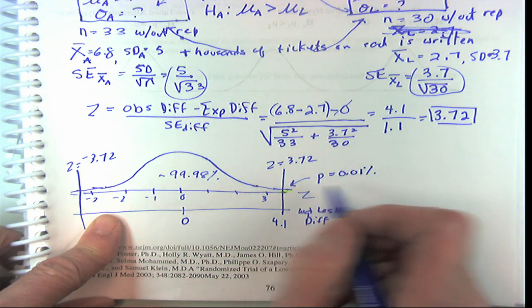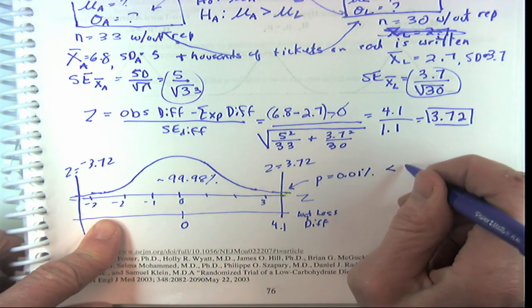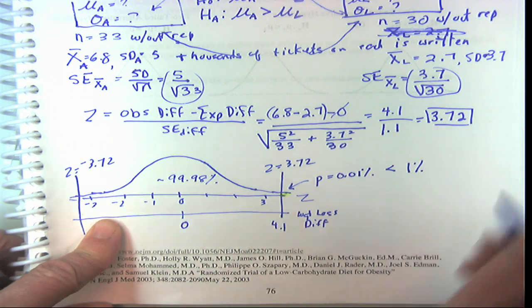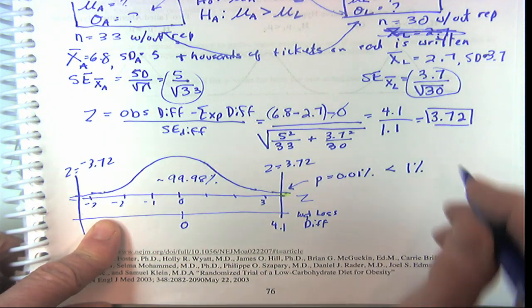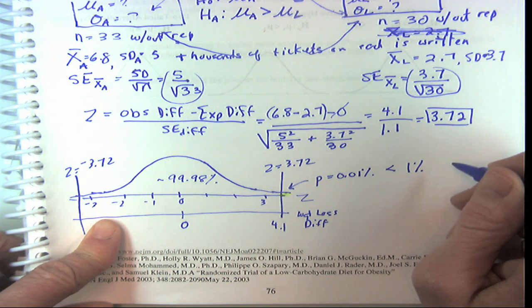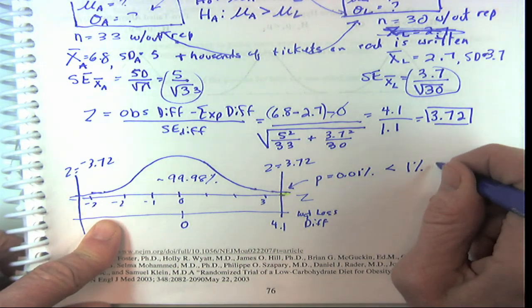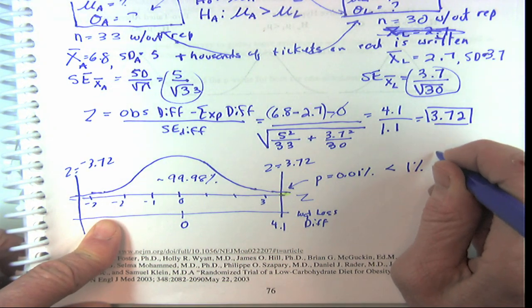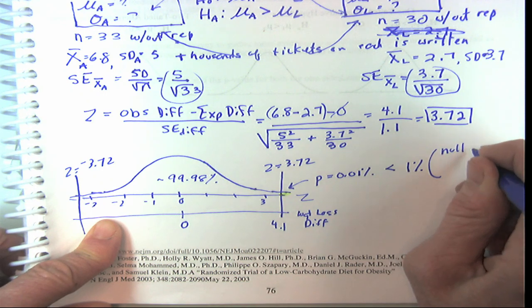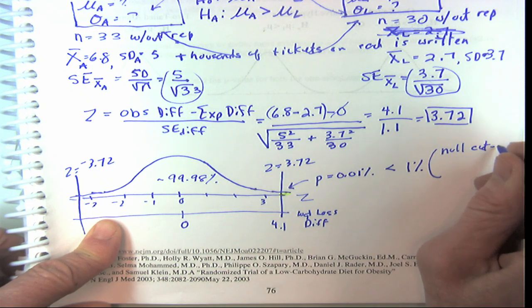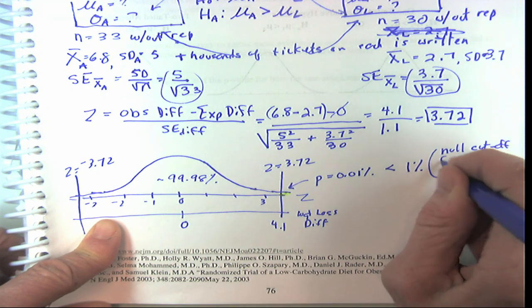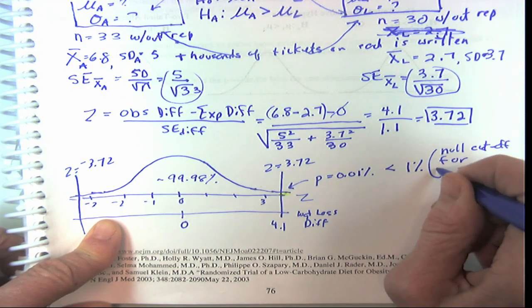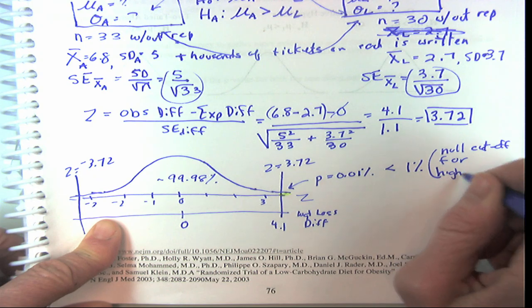You can say that this p-value is certainly less than 1%, right? And that's the conventional cutoff for terming something highly significant. Remember, 5% was for significance.